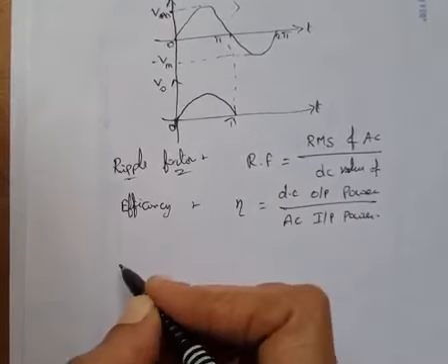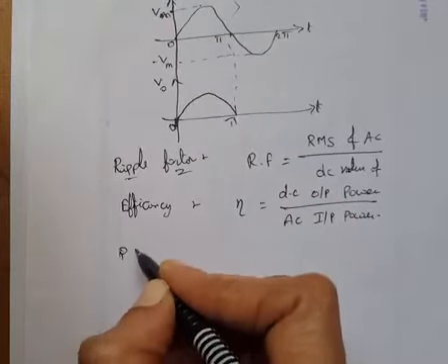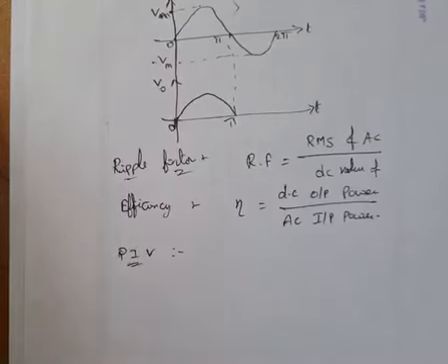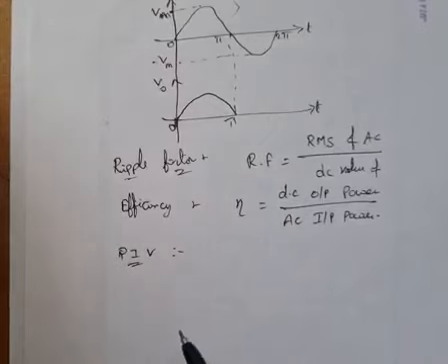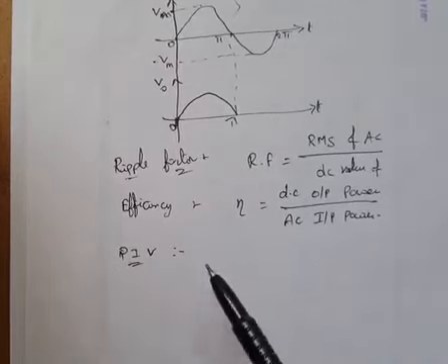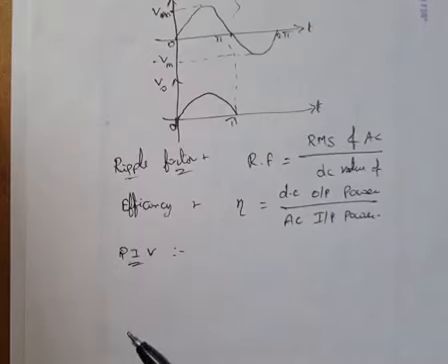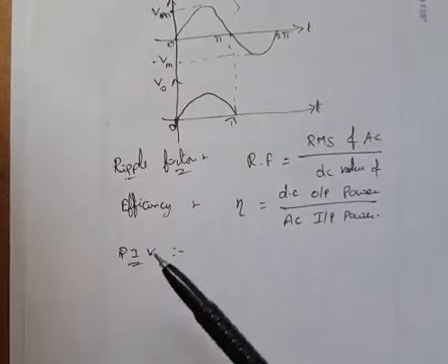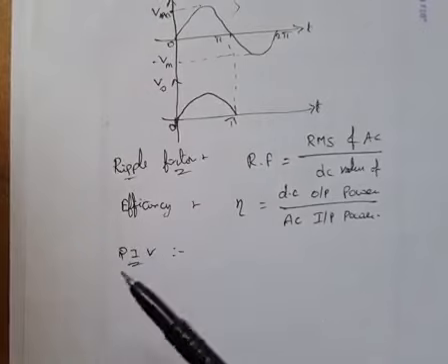And next we are using another term, peak inverse voltage. What is a peak inverse voltage? It is defined as the maximum reverse voltage that a diode can withstand without destroying the junction.